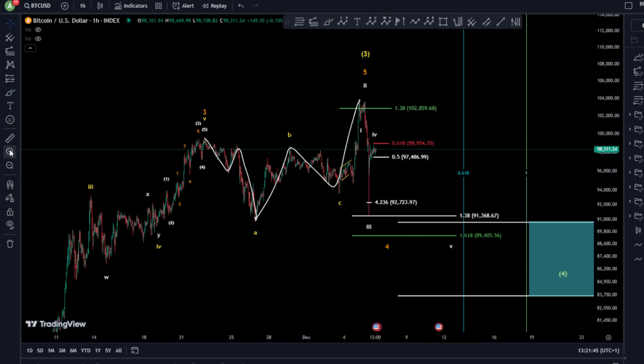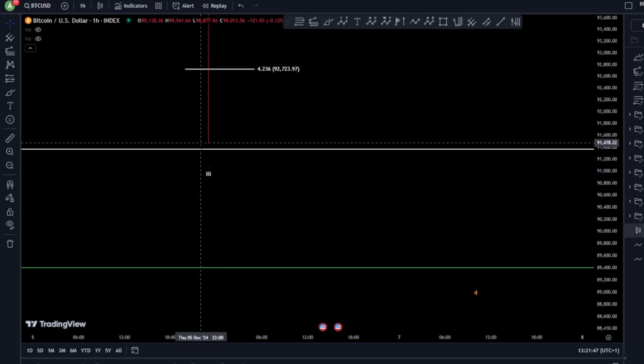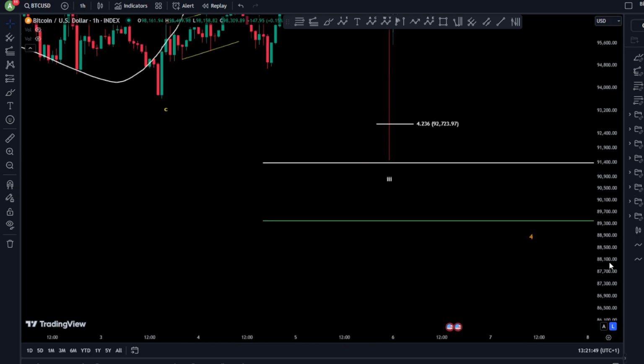So if we zoom in here, we can see that there is a gap. It's not hit yet.